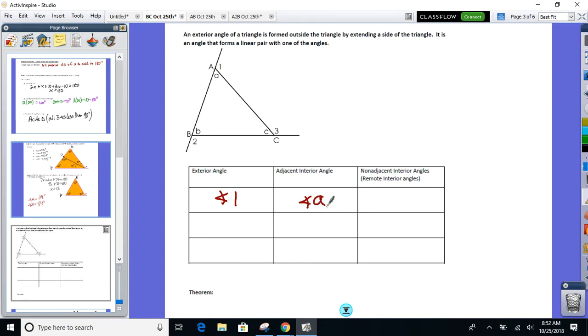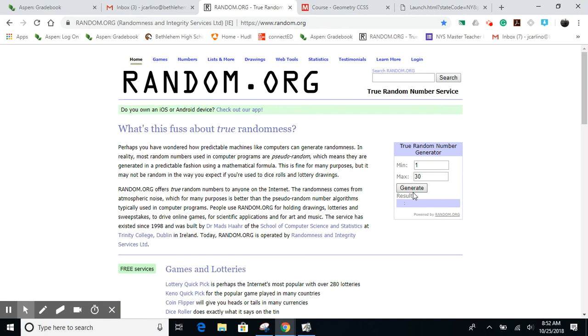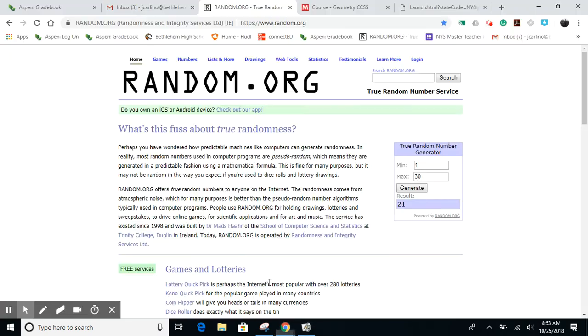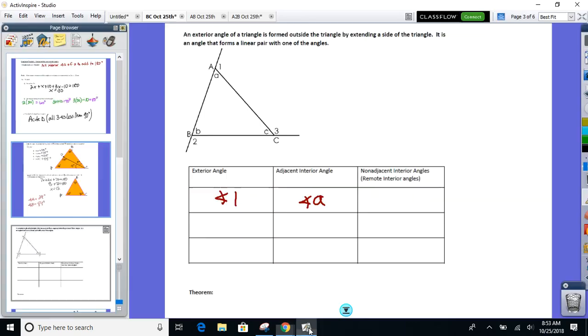And what would be the non-adjacent interior angle? So the one that's not next to angle 1. Angle B and angle lowercase c, yes.